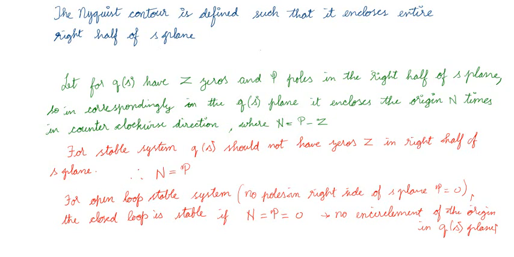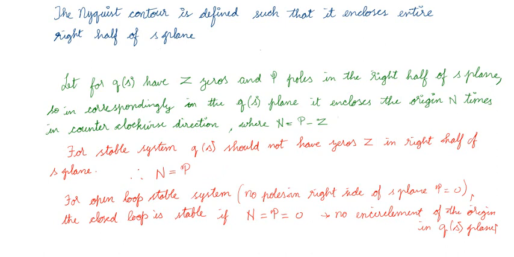If the system is stable, we know for a stable system Z is 0. What is Z? The roots of the characteristic equation, which are the zeros of Q(S). So n is equal to P.